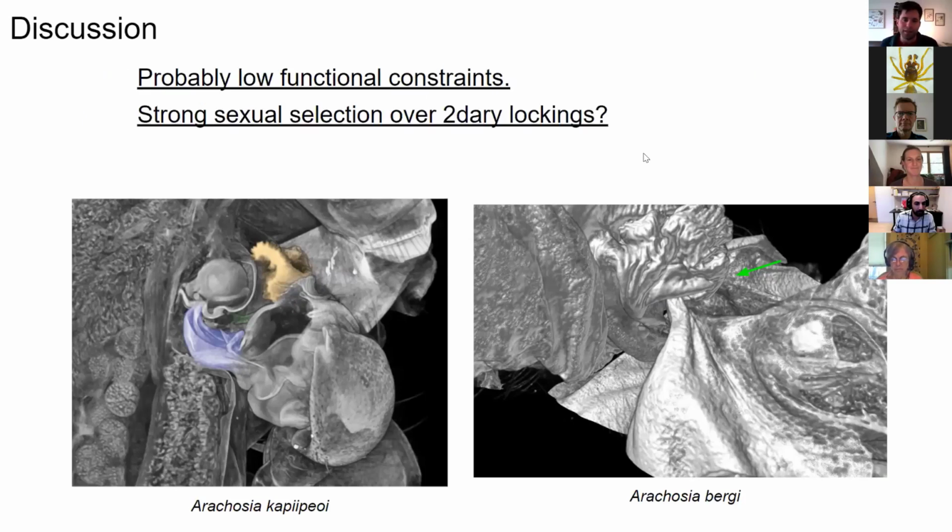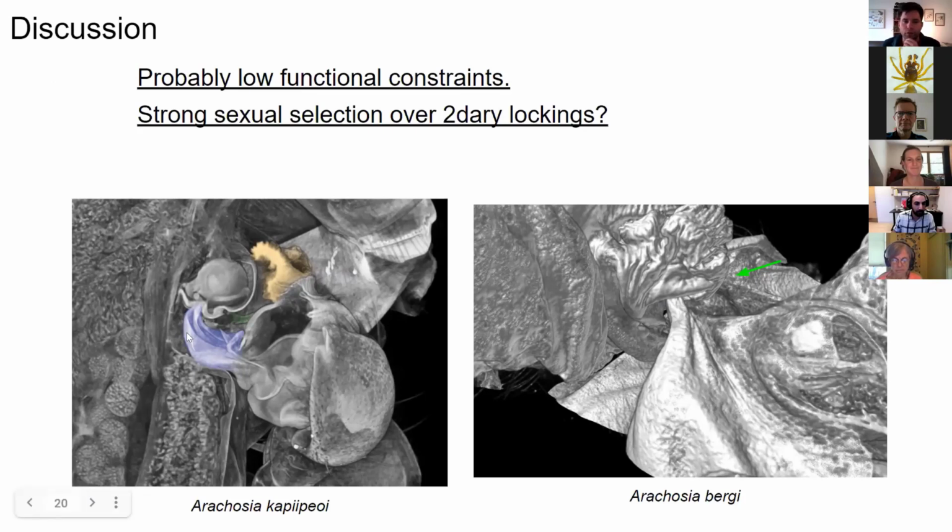So we think that this means that secondary lockings have probably less functional constraints. Therefore, they are evolving more freely than the primary lockings. This could be also because the conductor has a double function.